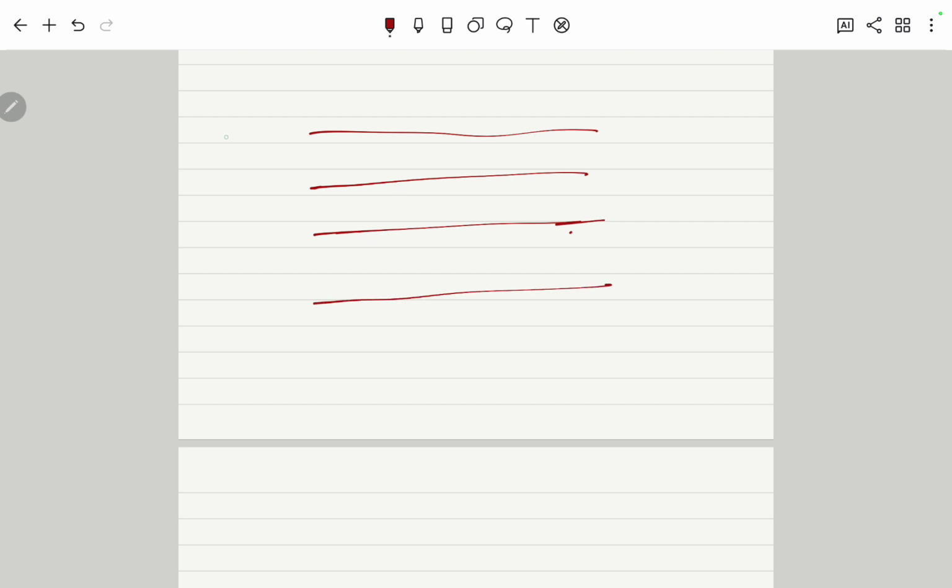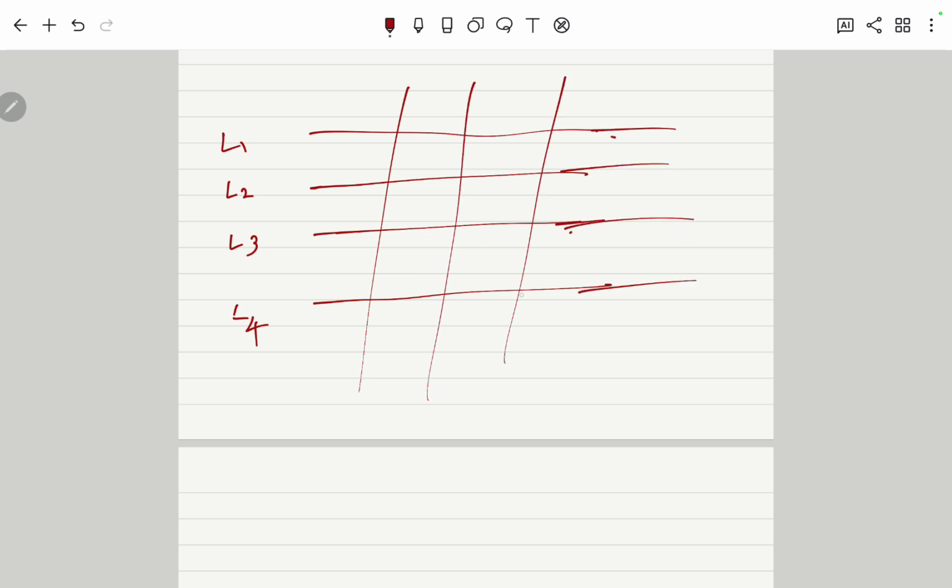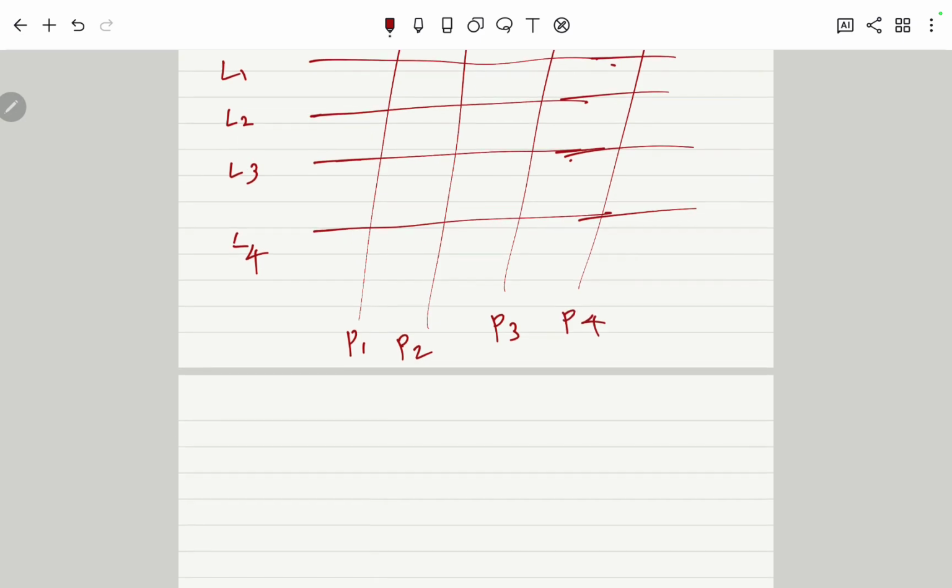So let us start. If I draw four horizontal parallel lines, I name them L1, L2, L3 and L4, and they are intersecting another four parallel lines, P1, P2, P3 and P4.